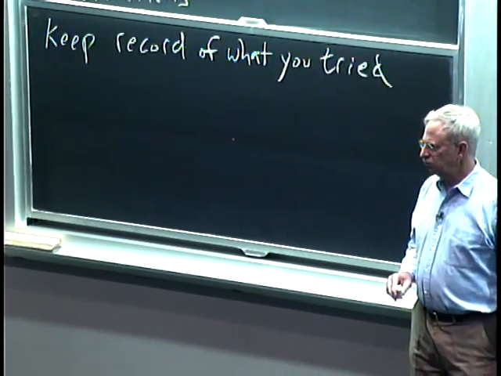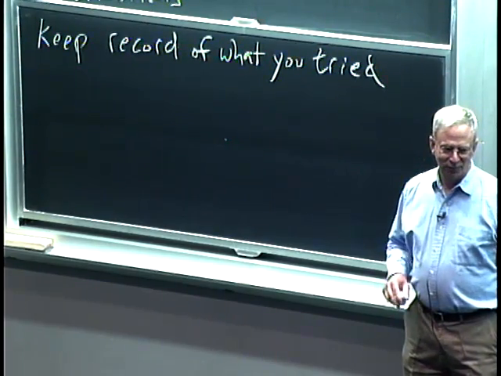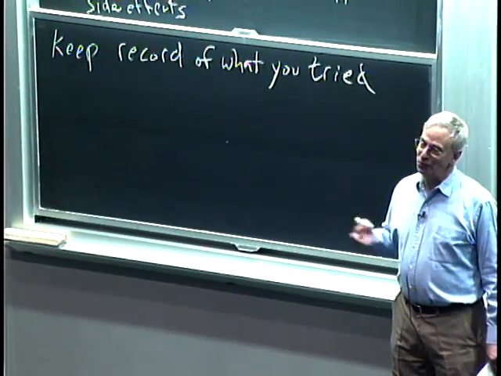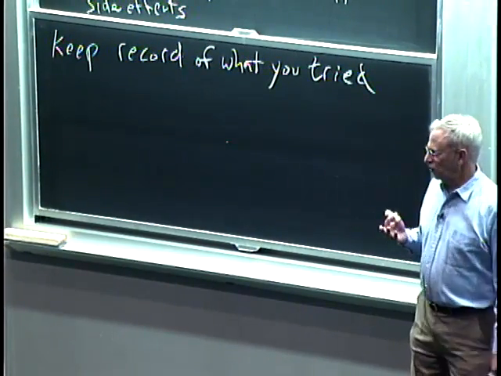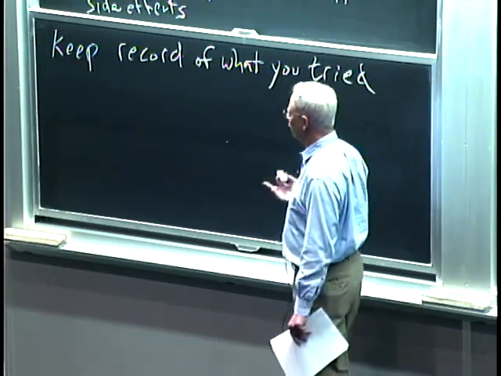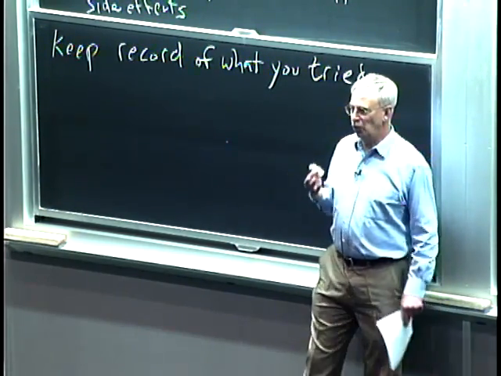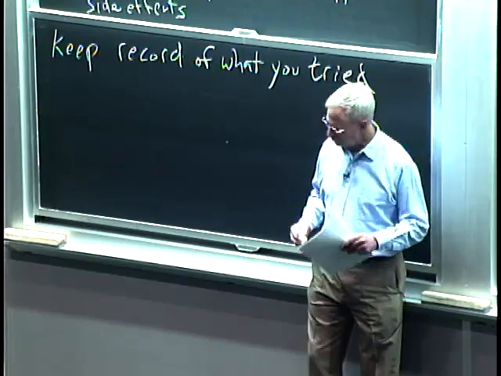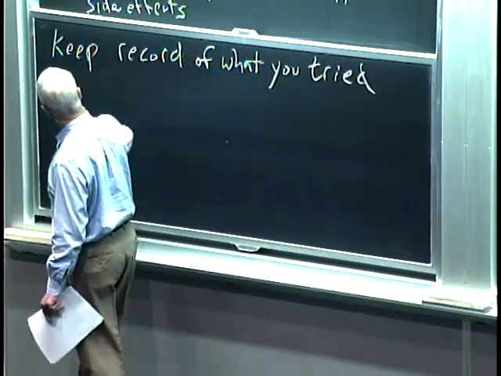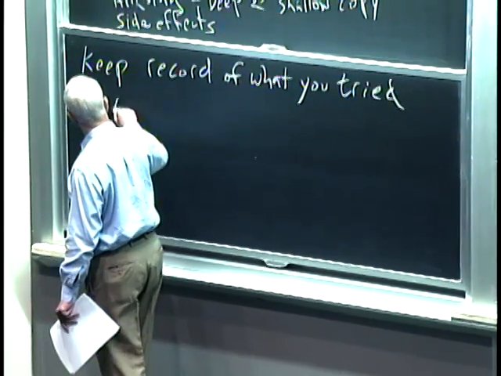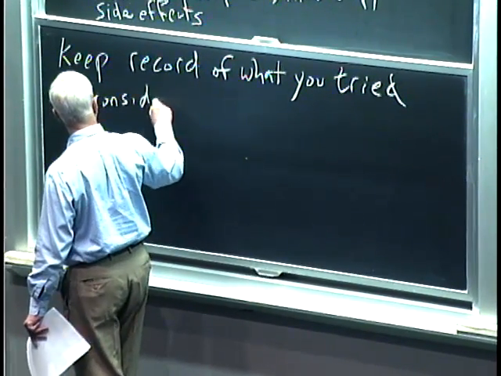And the person will say, I don't know. That leads you to end up doing the same thing over and over again. This gets back to my main theme of Tuesday, which is be systematic. Know what you've already tried. Don't waste your time trying it again. Think about reconsidering your assumptions.